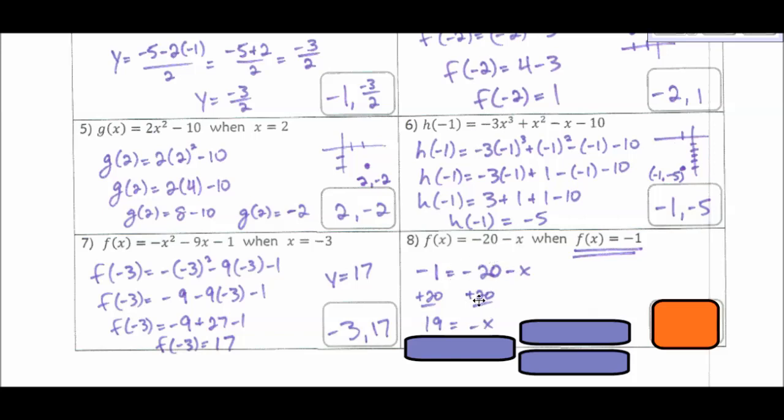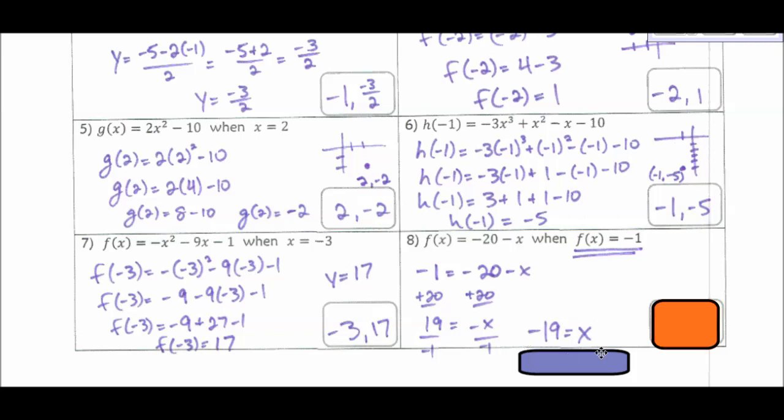Those canceled out. We got 19 equals -x. Still have to get rid of that negative sign. I got to get x completely by itself, so I'm going to divide by -1 on both sides. There's really an imaginary -1 being multiplied times that x, so I'm going to divide by -1, divide by -1, and x is -19.